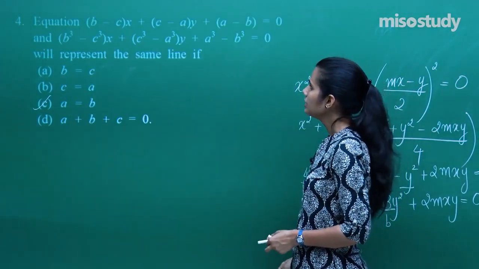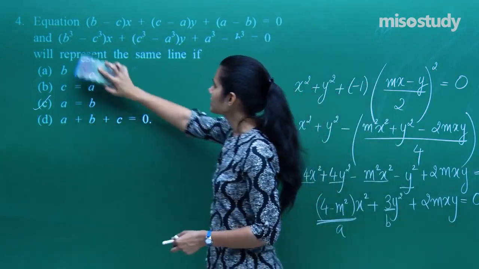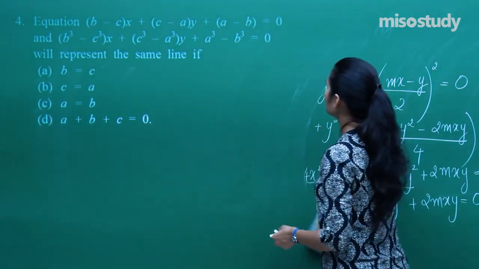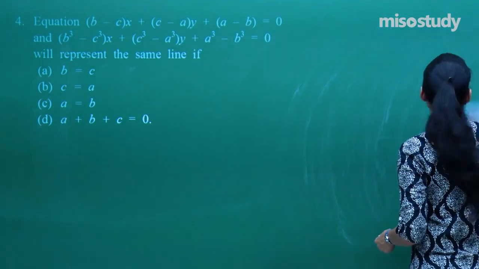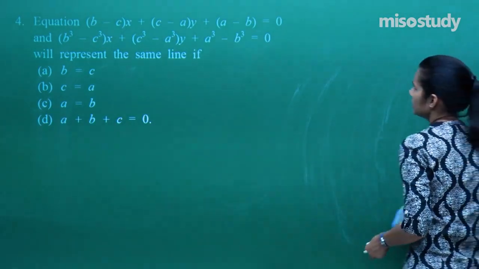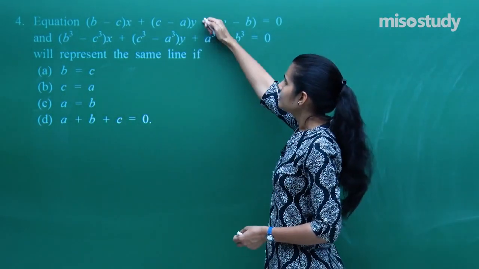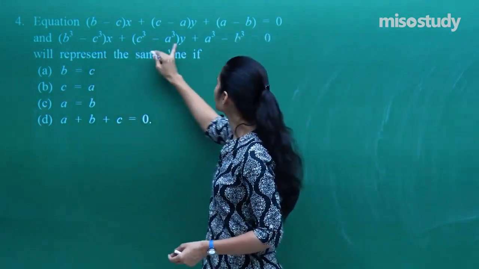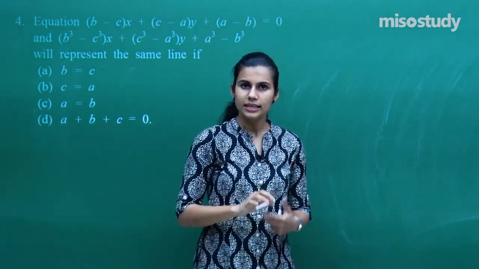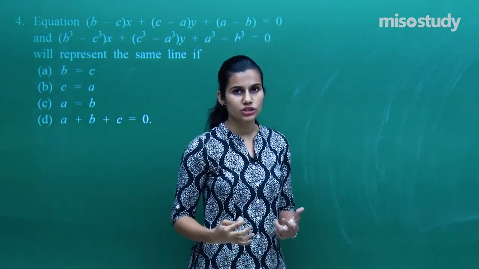Next we have equation b minus c into x plus c minus a into y plus a minus b is equal to 0. Now over here, question is, when are these two going to represent the same lines? Pretty simple. Coefficient of x, coefficient of y and constants need to basically behave in a proportionate manner.